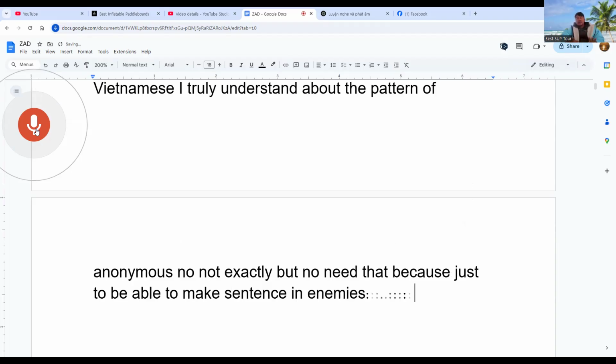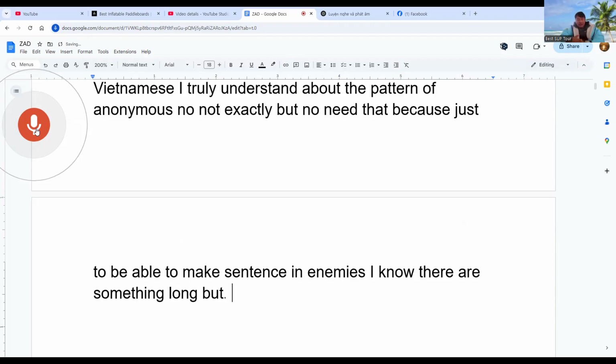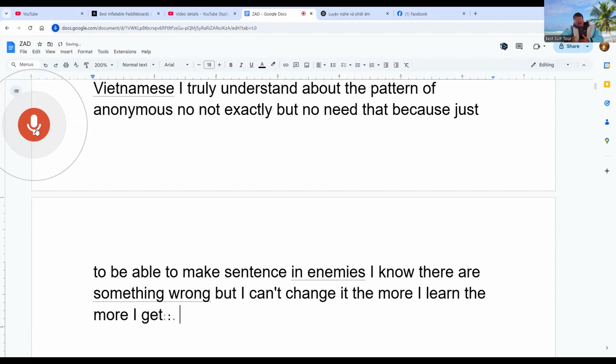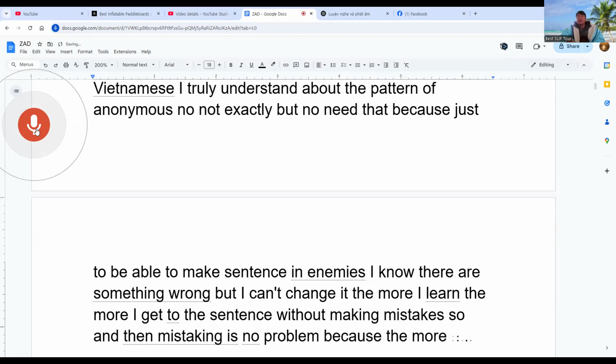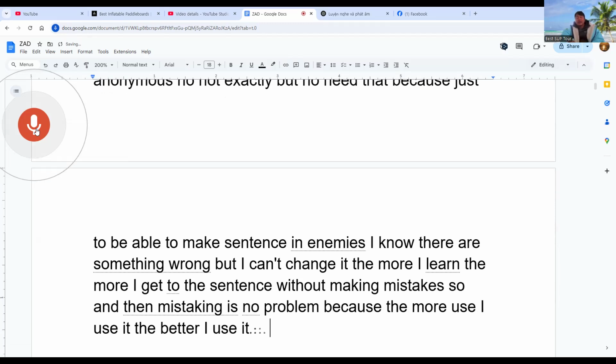I know there is something wrong, but I can change it. The more I learn, the more I correct the sentences without making mistakes. The mistake is no problem, because the more I use it, the better I use it. I believe that.